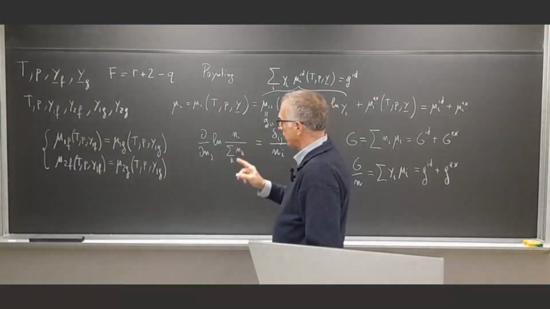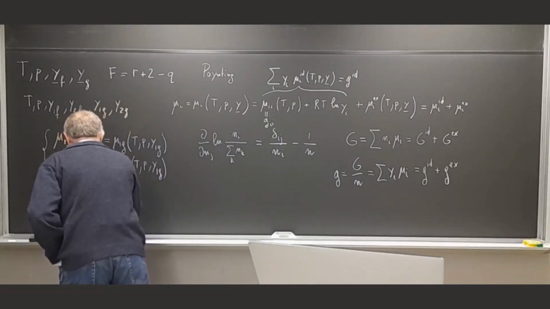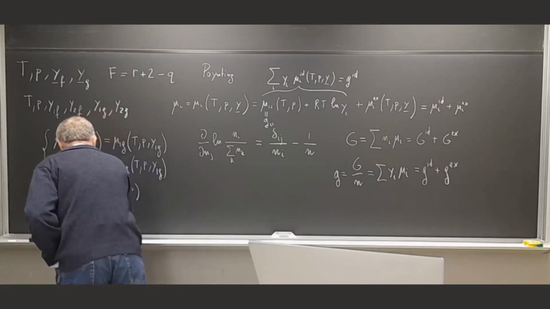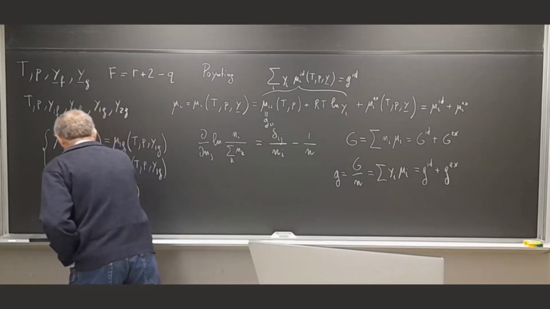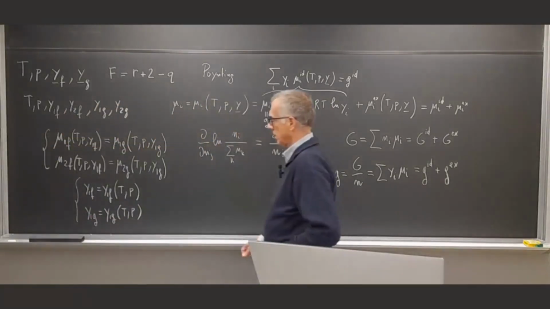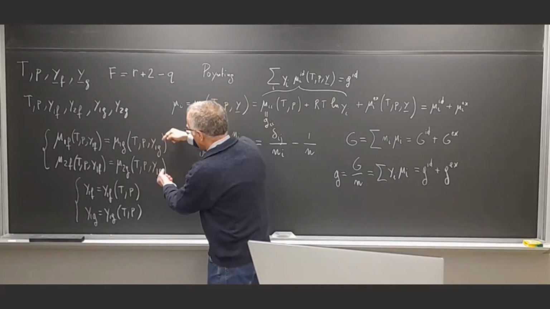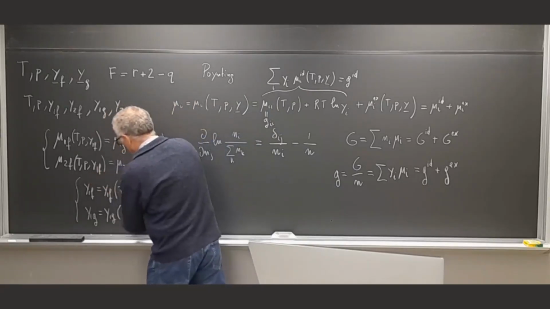And that system of two equations can be solved in general to give me, for a given temperature and pressure, the unknowns, which are the mole fractions of component 1 in the liquid and in the vapor phase.